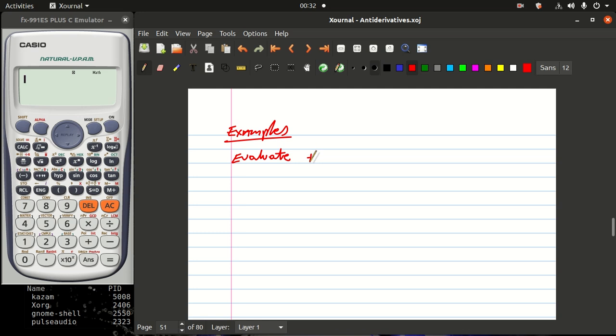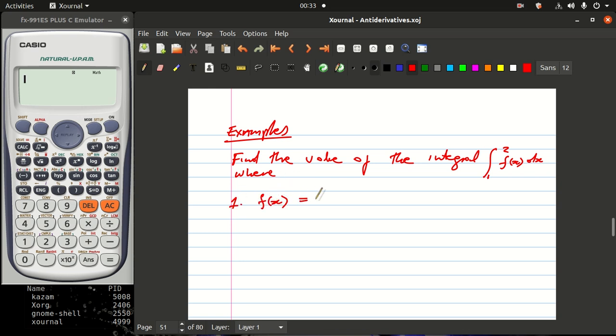Let me say find or calculate the value of the definite integral from 1 up to 2 of f of x dx, where number 1, f of x is equal to x cubed, and number 2, f of x is equal to x squared plus 1 over square root of x, and then the third one, f of x is equal to 2e to the x minus pi times sine of x.